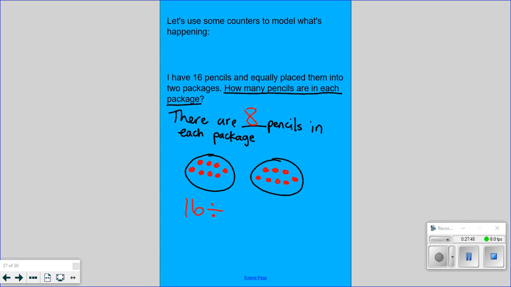Go ahead. 2. 2 packages, those are my groups. Now here's the tricky part. How many were in each one? Okay. 8 in each group. That's the division equation that matches what we just did.